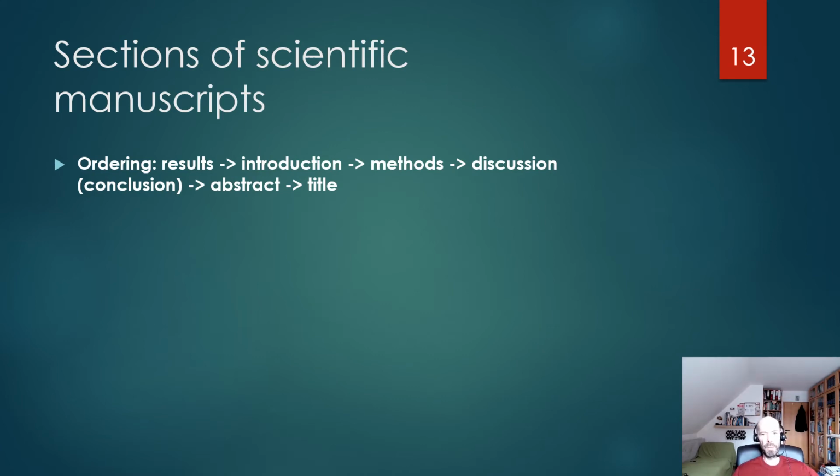I think you should start with results, and before that you should have all your tables and figures ready, because they really tell the story of your manuscript, and you can extract results from tables and figures, of course.